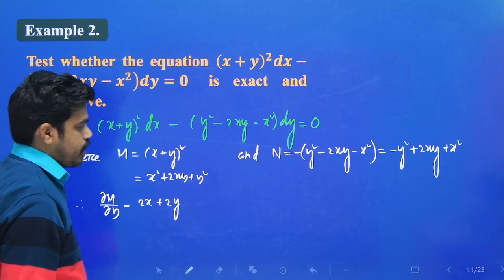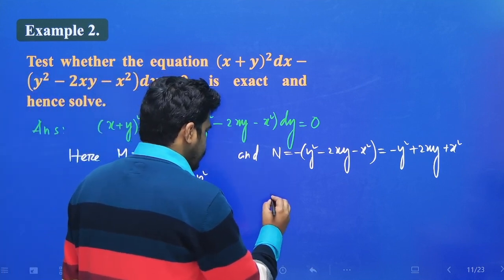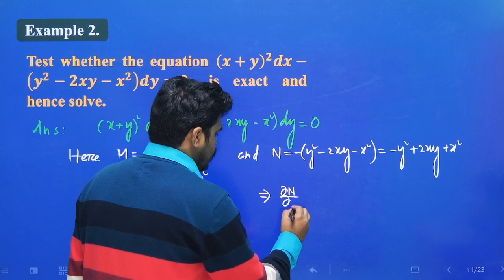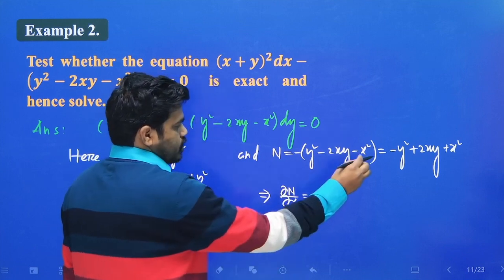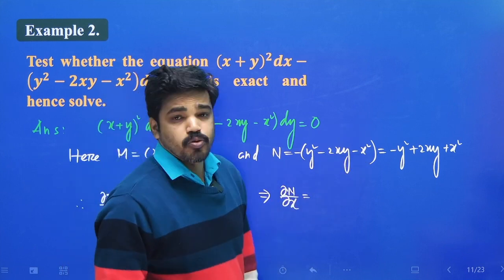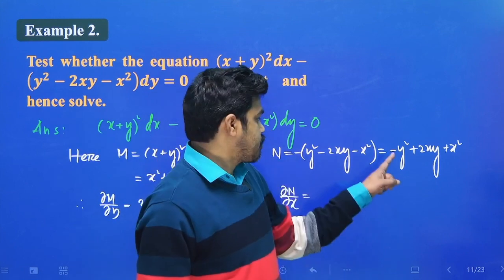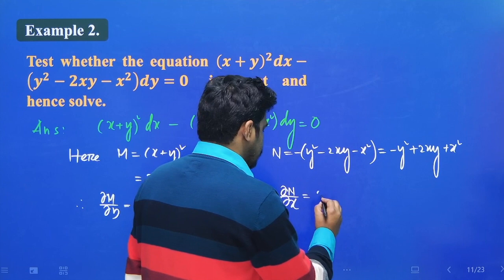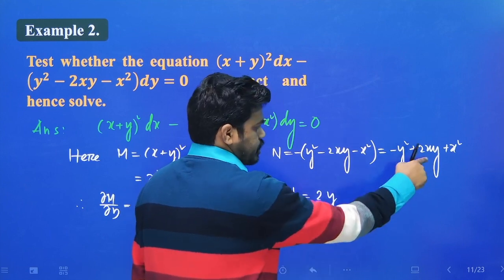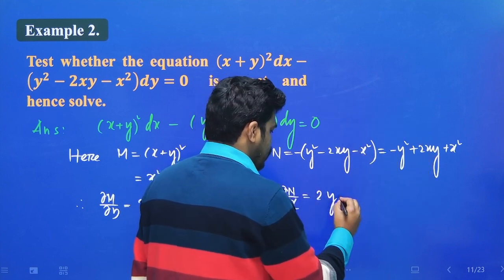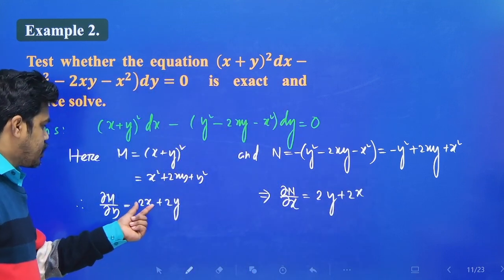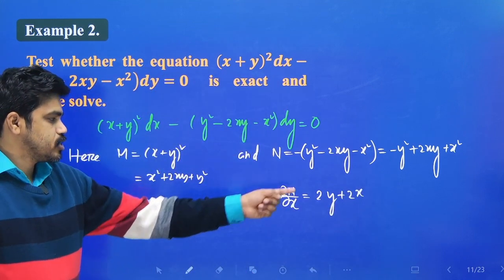And from this, del N del x: when I partially differentiate with respect to x, y is assumed to be constant, that means this is 0, so this will be 2y plus 2x. Just see, del M del y is 2x plus 2y, del N del x is 2x plus 2y.